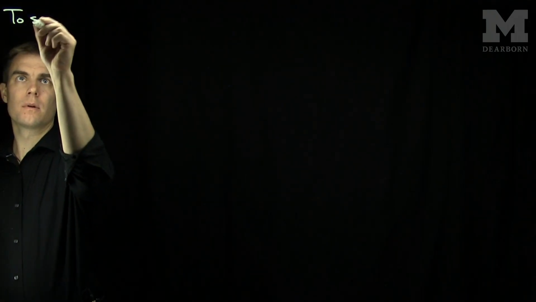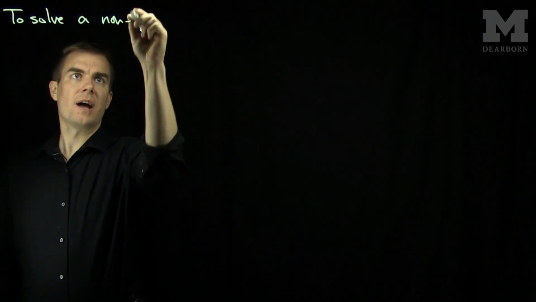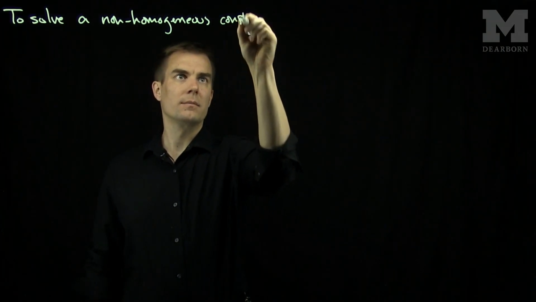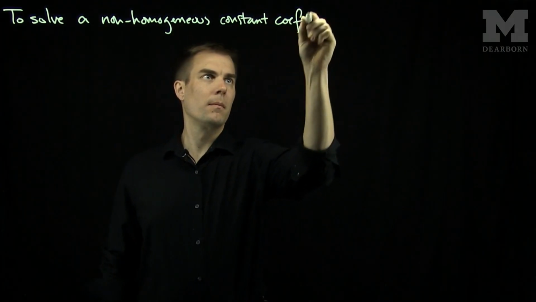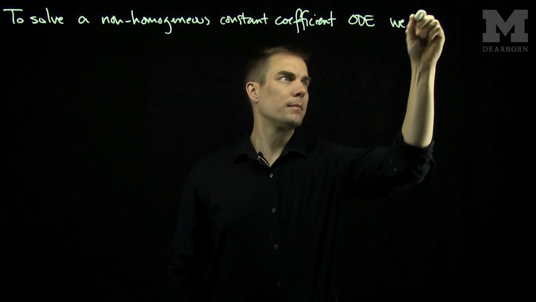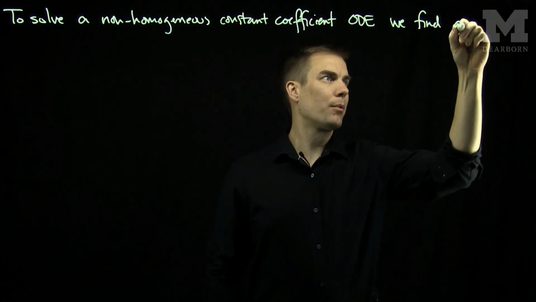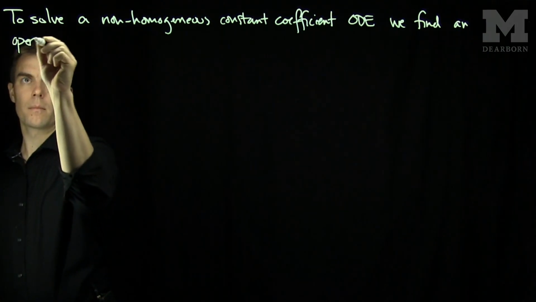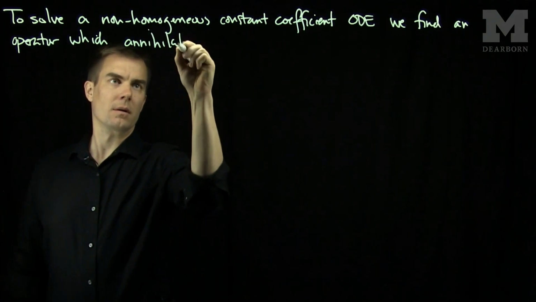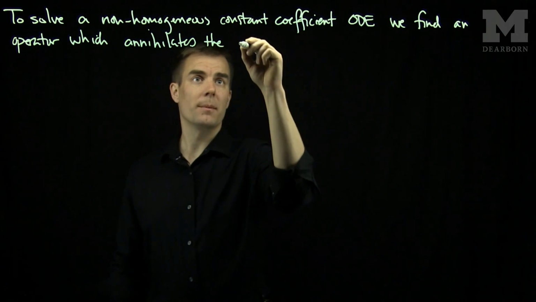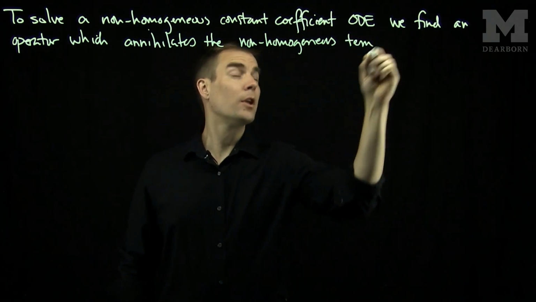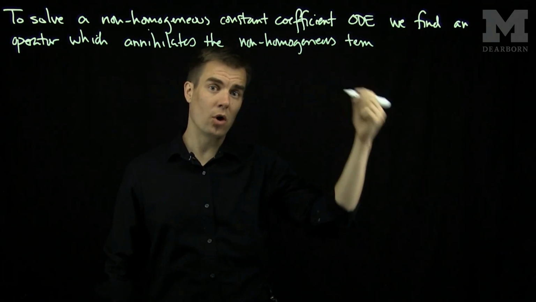To solve a non-homogeneous constant coefficient ODE, we find an operator which annihilates the non-homogeneous term, to turn our non-homogeneous ODE into a homogeneous ODE.